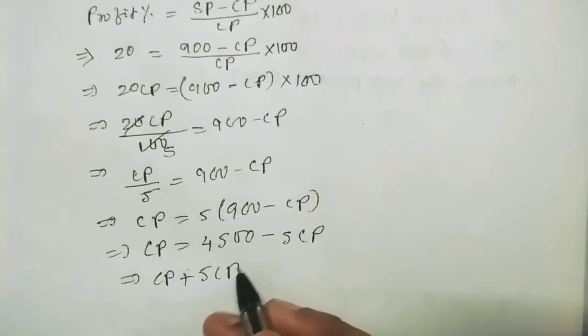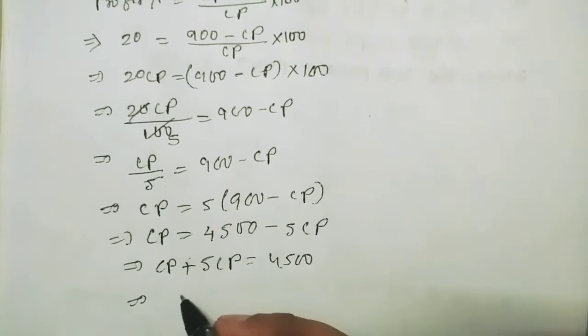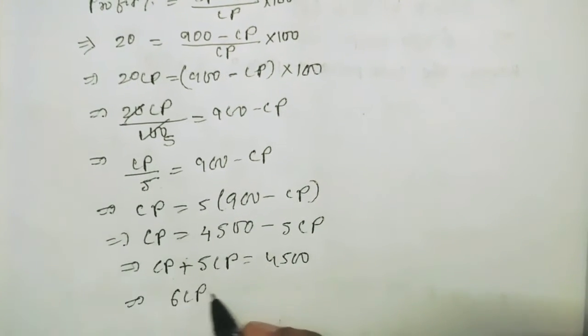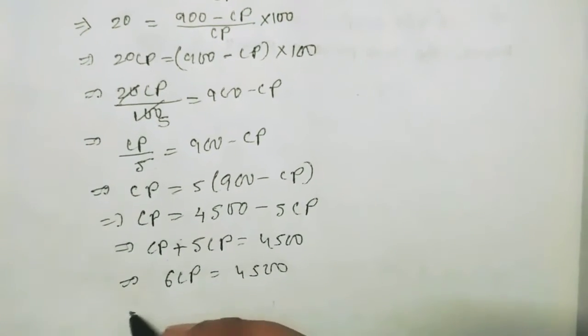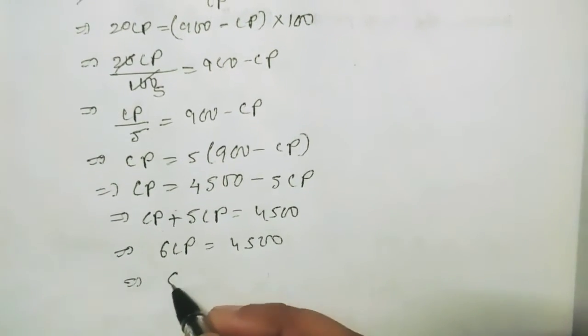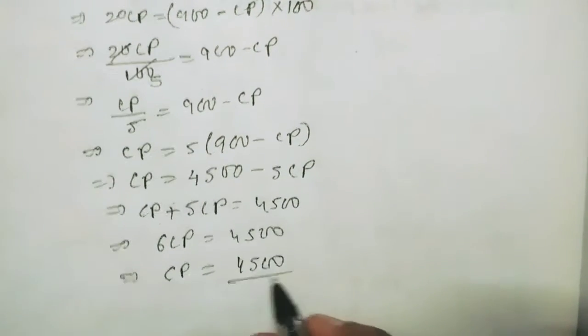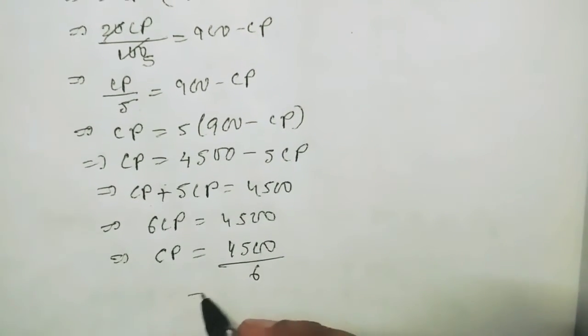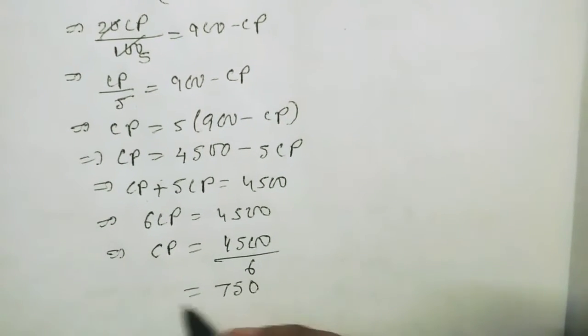So 5 CP plus 1 CP is 6 CP equal to 4500. Then CP equals 4500 divided by 6, which comes to 750.